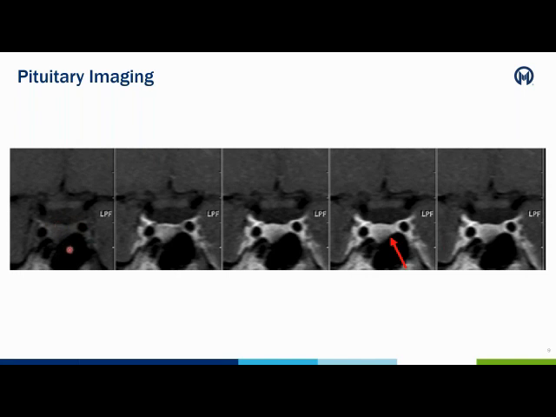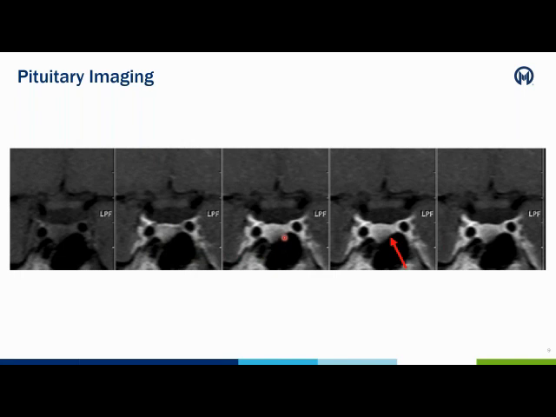So in this way, we can see several phases of the contrast as it spreads through the gland and is being washed out. You can see here a sequence of images where you have zero contrast in the pituitary gland. You have the carotids here. Then you start to see some faint enhancement in the gland.